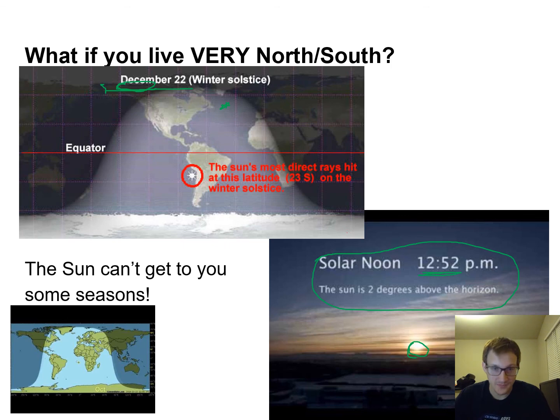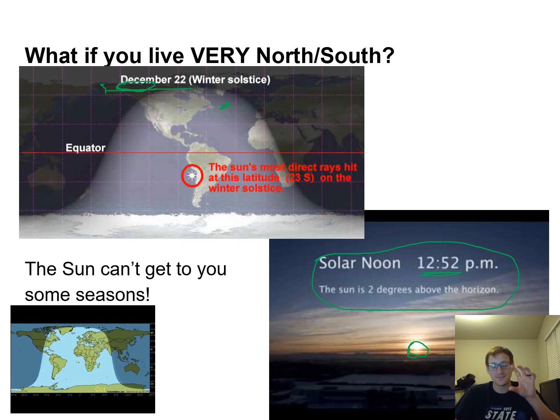So for example, during the winter solstice, remember that is when in the southern hemisphere the sun is highest in the sky, and in the northern hemisphere it's lowest in the sky. The sun is directly over about 23.5 degrees south, and that has to do with the tilt as well.